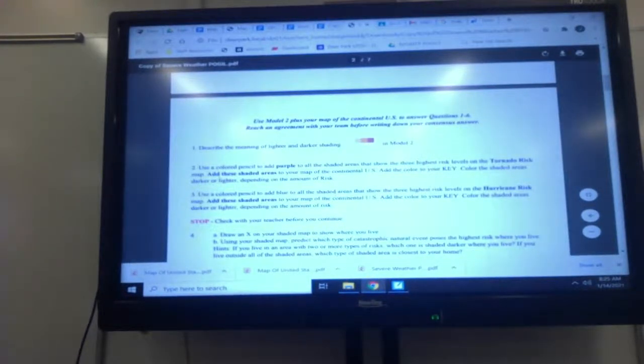So you're going to have to use that second document to do these questions, because it's going to have you shade in the areas where tornado risks are high, shaded in a different color where it's low. You see, like they have here, the darker color is high, the lighter color is low risk. You have to use the same premise, but a different color on that second map that's also attached to the assignment.